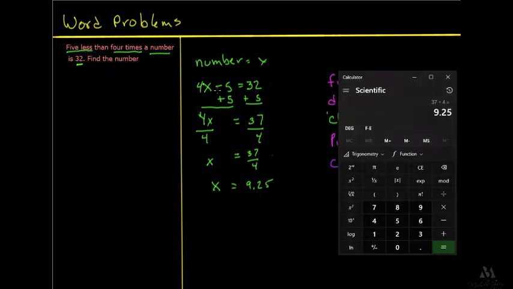We have an equation 4x minus 5 equals 32, and we said that x was 9.25. So 9.25 times 4 equals 37. And our original equation was minus 5, so we'll subtract 5. And sure enough, we got 32.